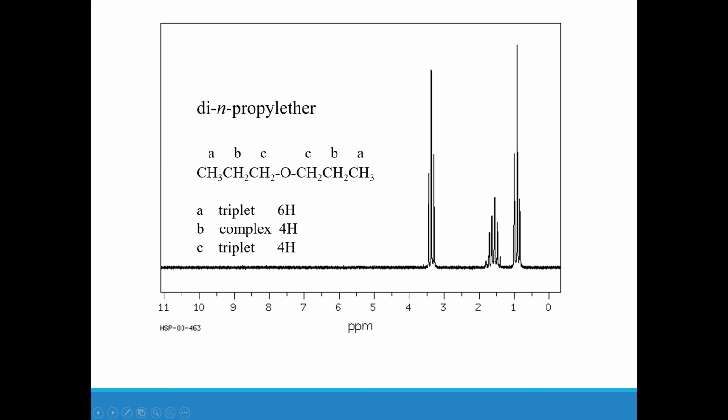Meanwhile, this CH2, which is a little bit towards the middle, has 5 neighbors. 5 plus 1 is 6, so it's complex: 1, 2, 3, 4, 5, 6. And that leaves C as our last set of peaks, which has 2 neighboring hydrogens plus 1, so a triplet: 1, 2, 3.